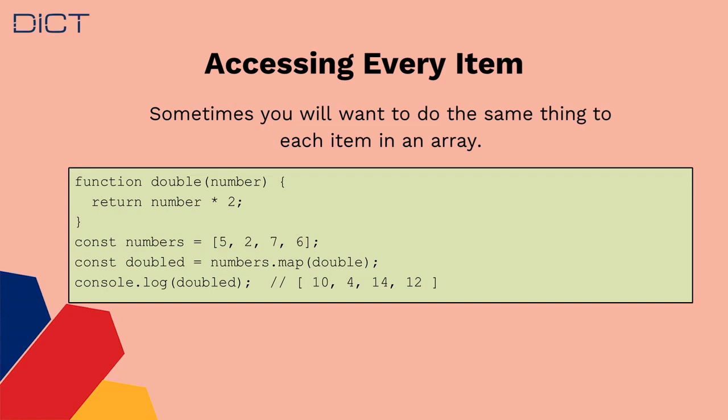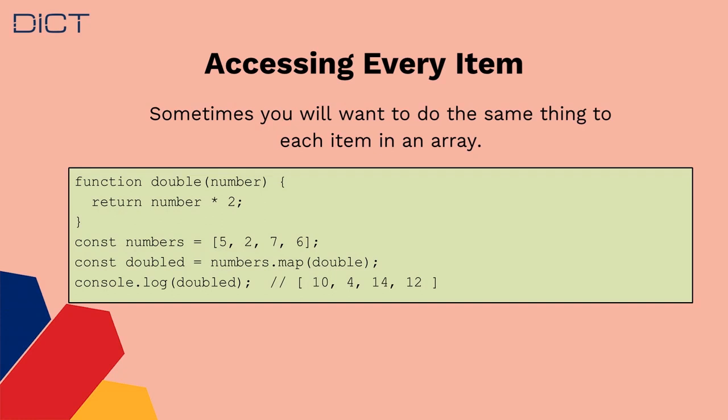The code here takes an array of numbers and doubles each number. We have a function double that accepts a number, then returns the number multiplied by 2. Then we have a const numbers array, and doubled will store numbers.map, passing the double function.